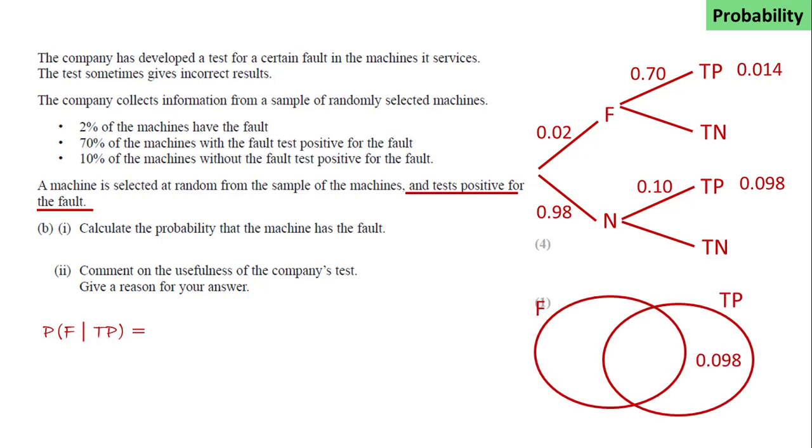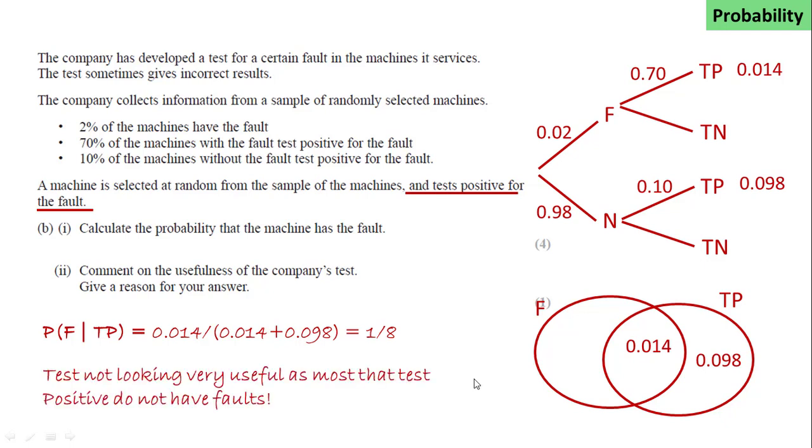I look at the Venn diagram. We can see here the probability that it is faulty given that it's tested positive is going to be 0.014, and we're going to divide that by the probability that it tests positive, which is going to be the sum of these two values. So that gives us a probability of 1 out of 8.